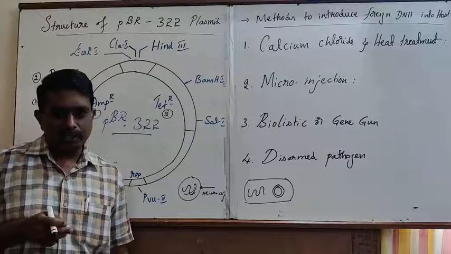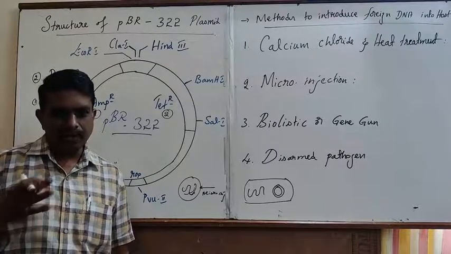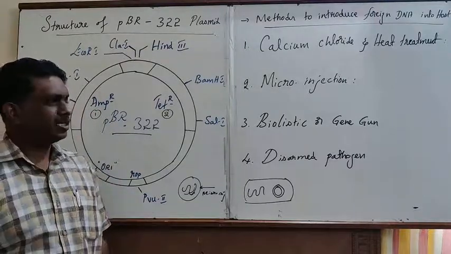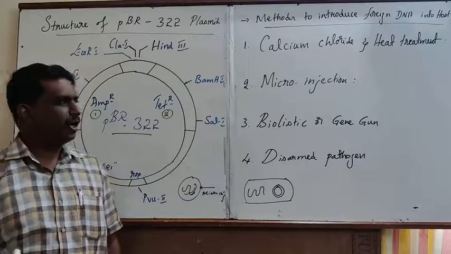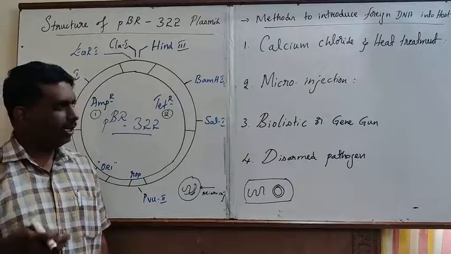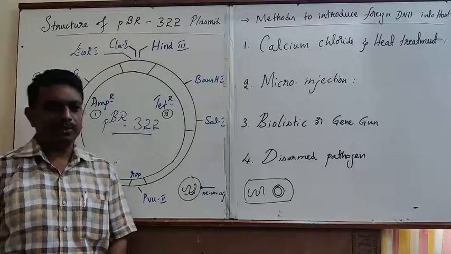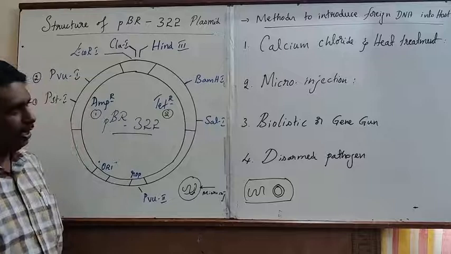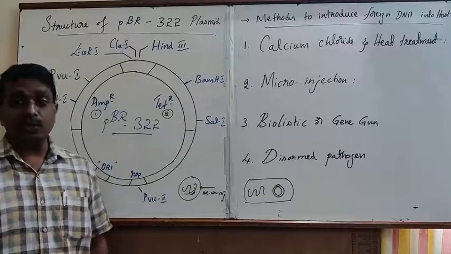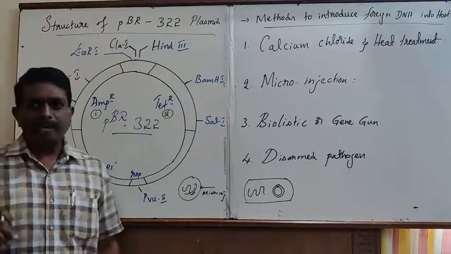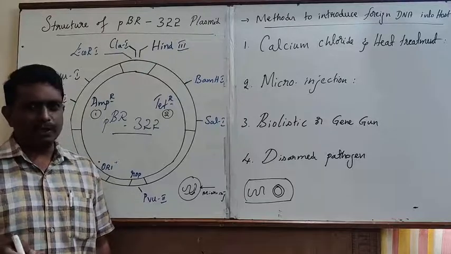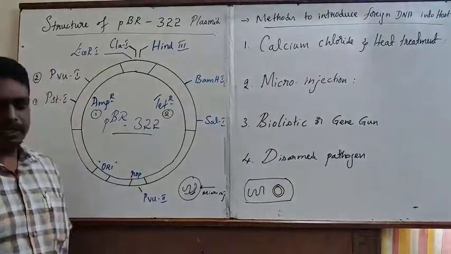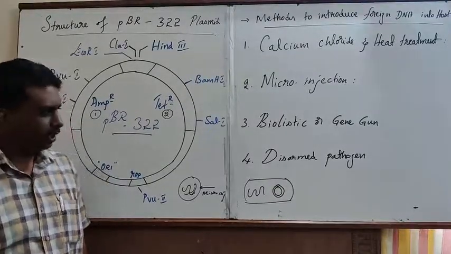The tungsten and the gold particles are bombarded onto the host cell with great velocity, resulting in the incorporation of recombinant DNA into the host cell. This biolistic or the gene gun methodology is widely employed in order to introduce recombinant DNA into the plant cells.